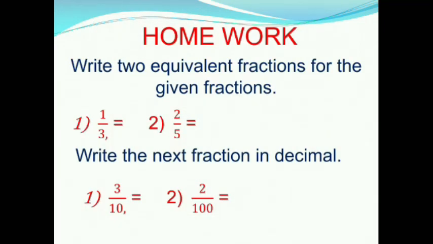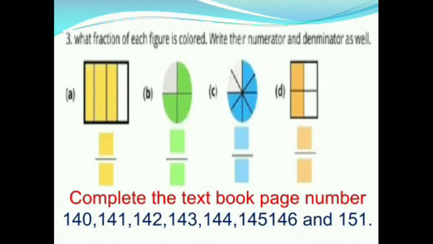Children, do this homework. First, write 2 equivalent fractions for the given fractions. First one, 1 by 3. Second one, 2 by 5. Second, write the next fractions in decimals. First one, 3 by 10. Second one, 2 by 100. Third, what fraction of each figure is colored?